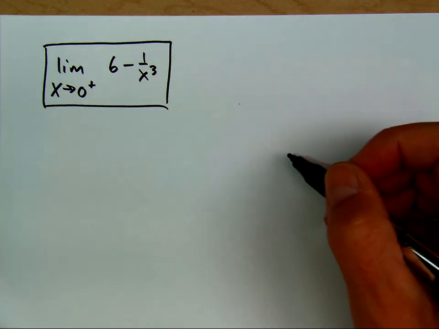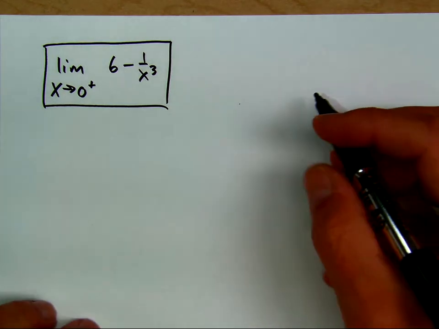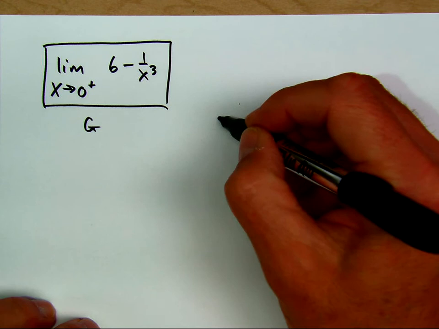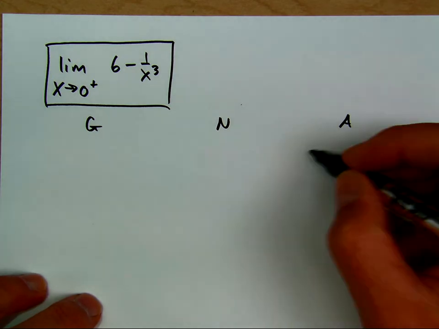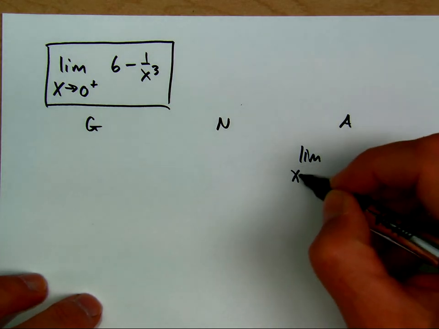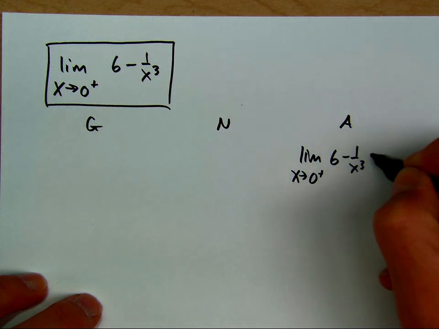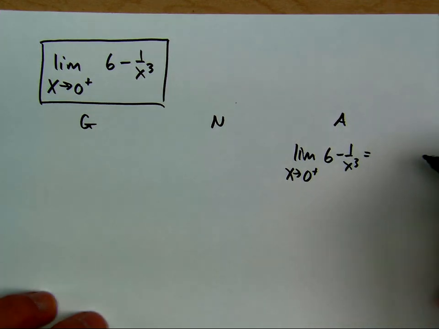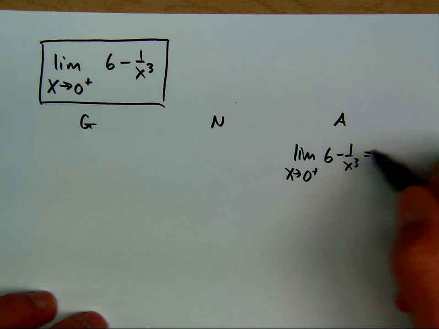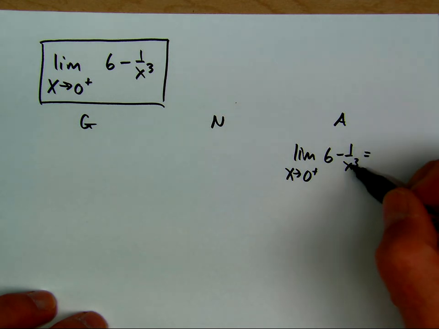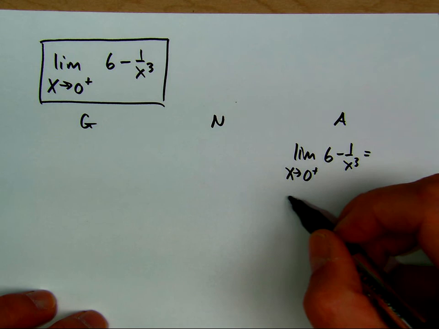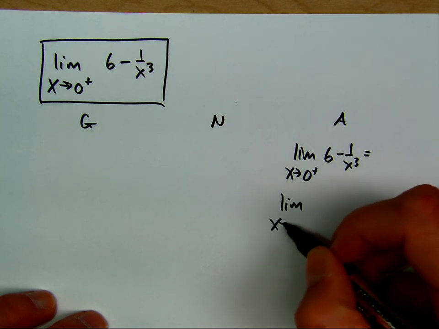Alright, pause the video and try this one. We could just substitute a 0. We have 6 minus 1/0. We know that's undefined. But to make it look more familiar, why don't we get a common denominator?